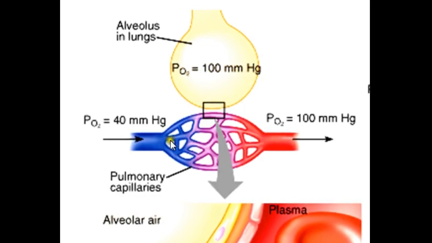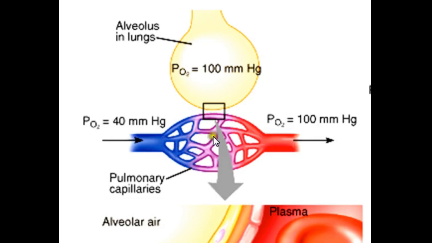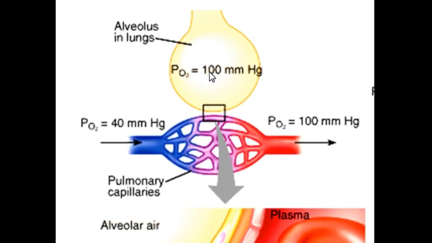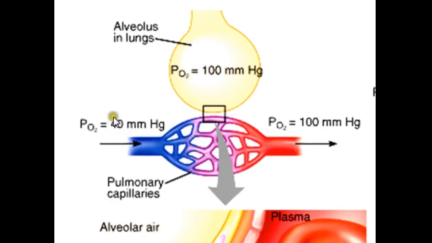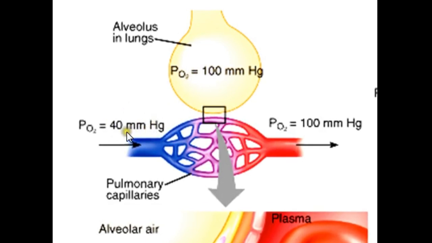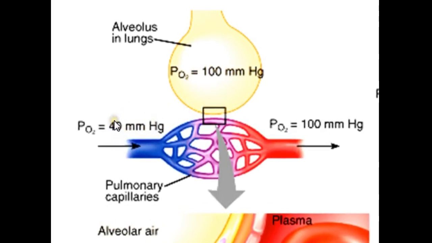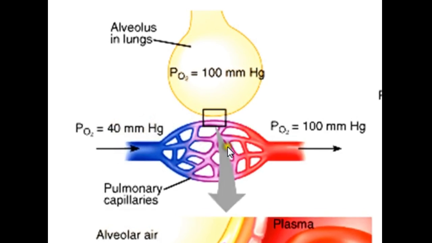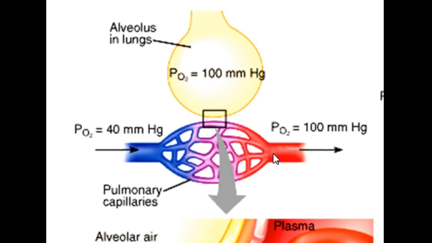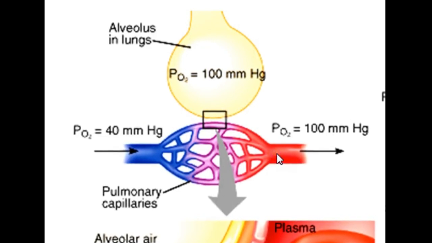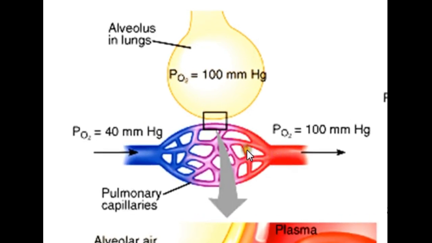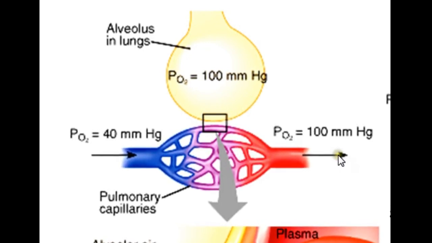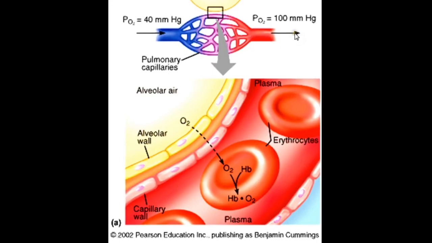When the blood passes through this pulmonary capillary, it becomes in equilibrium. Equilibrium means that this 40 mmHg partial pressure of oxygen coming for oxygenation to the lungs becomes 100. So the blood that comes out from the pulmonary capillaries is at 100 mmHg partial pressure. This is the point you have to remember.